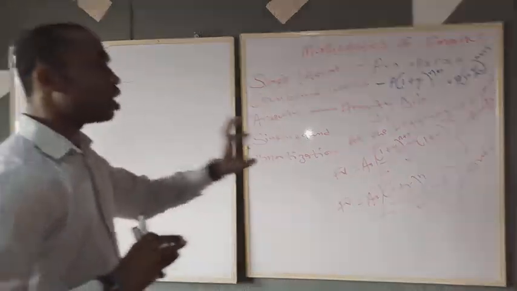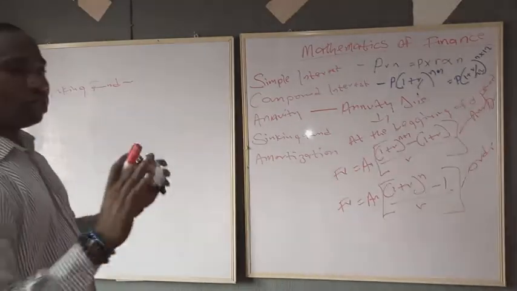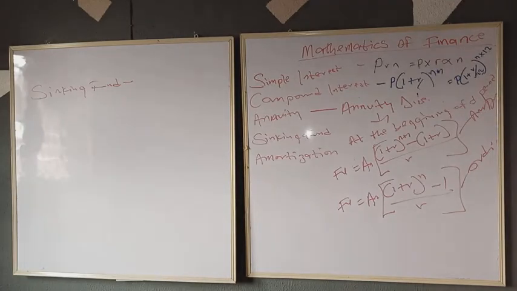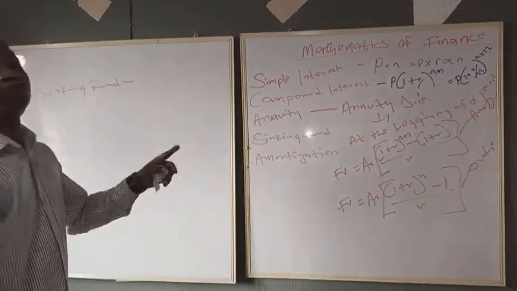Once you know your formula for annuity, you already know your formula for sinking fund. So how do you know? You are just going to change it upside down.